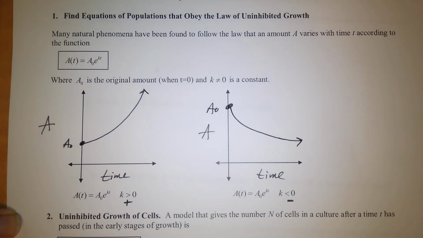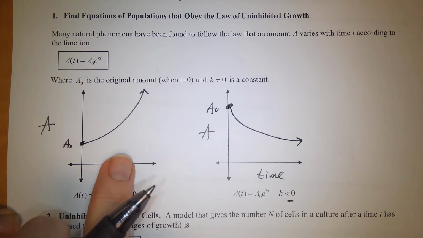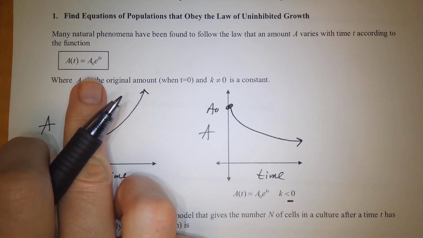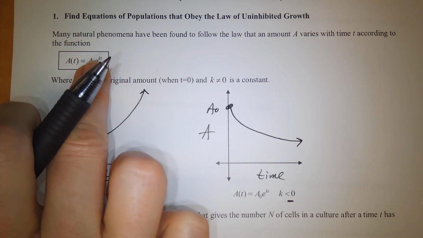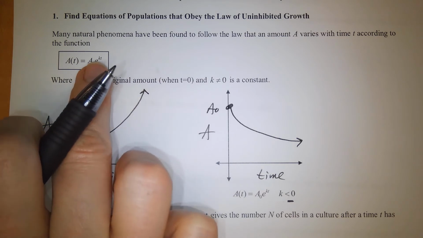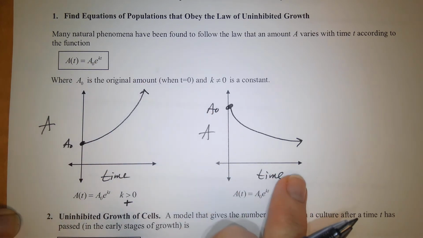So these are two examples of what exponential growth and decay would look like. The formula is always the same. The only difference is the K. If the K is positive, then it is growth. If the K is negative, then it is decay.